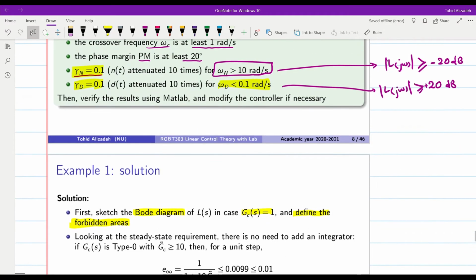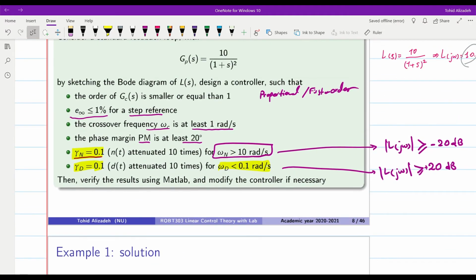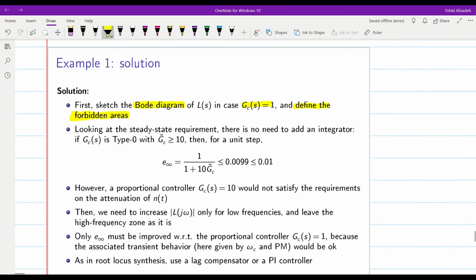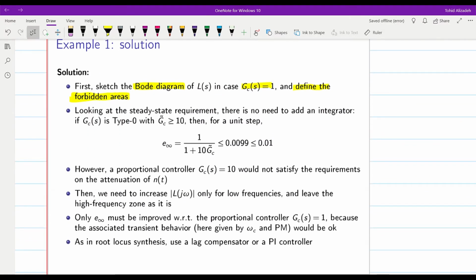Then we can check the steady state error requirement. We need to have steady state error smaller than or equal to 1% for a step reference. Currently we have a type 0 system. One way would be to add an integrator and create a type 1 system in which the steady state error would become equal to 0.